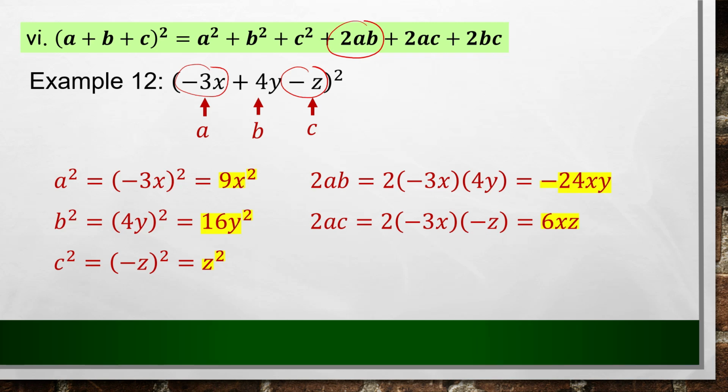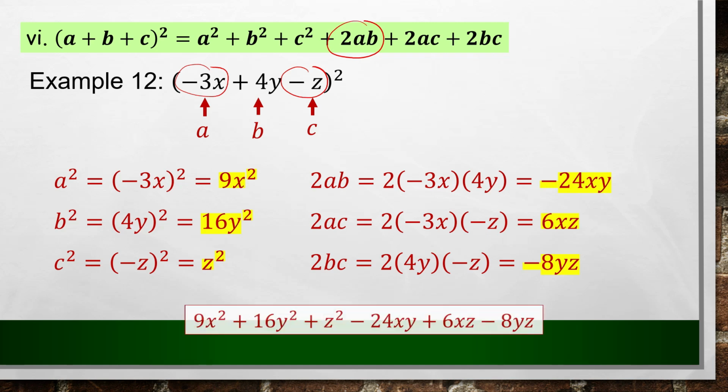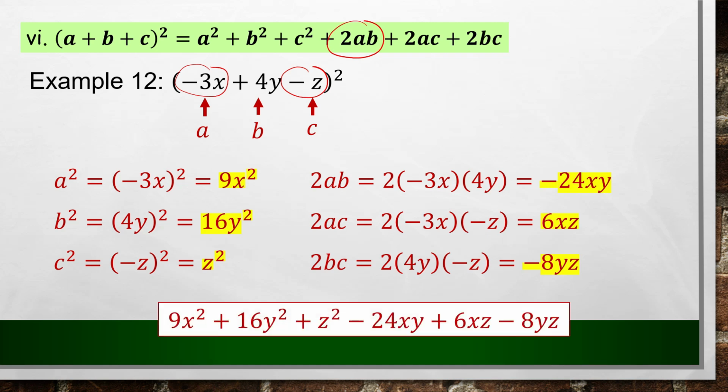And then the last one, which will be the product of bc, and then of course the 2. So 4y times negative z is negative 4yz times 2 is negative 8yz. And again, just like what we did in the previous example, all you need to do is just put all of those 6 terms together, and that will be the answer for the second example.